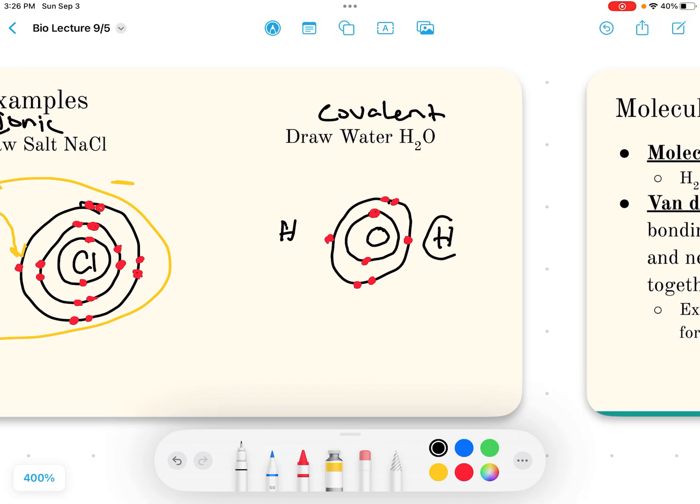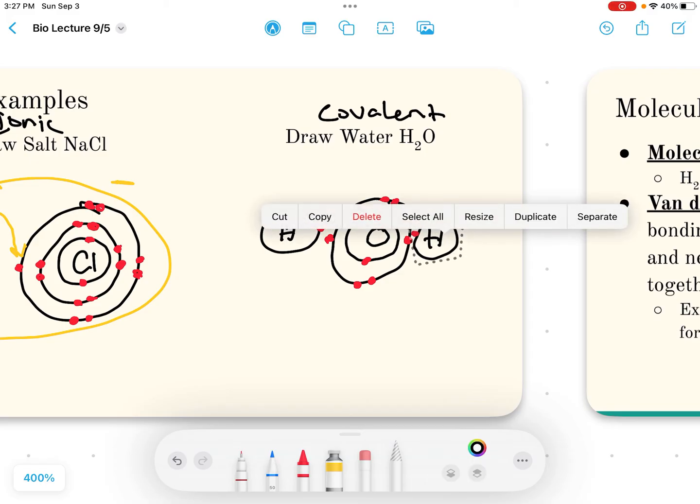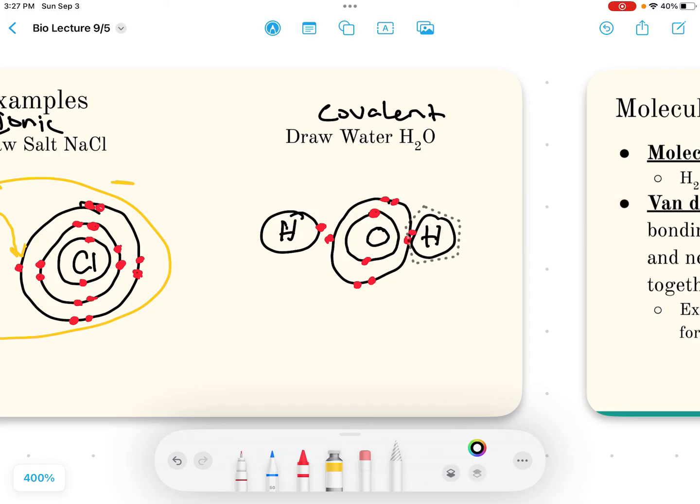And hydrogen has 1 electron. That means these guys here are going to slide over and they're going to attach, if it'll let me.